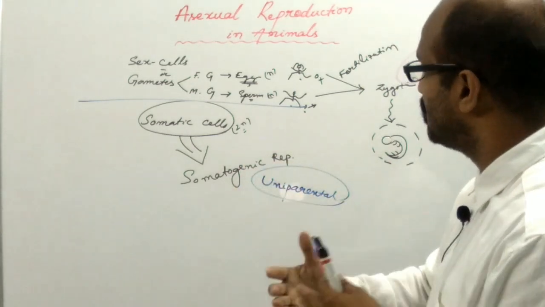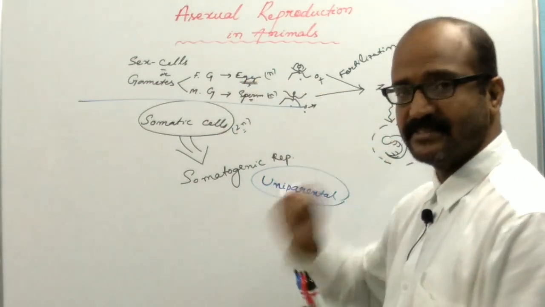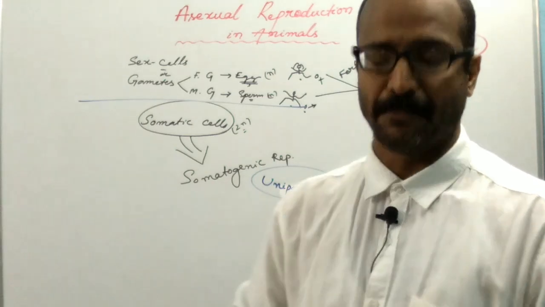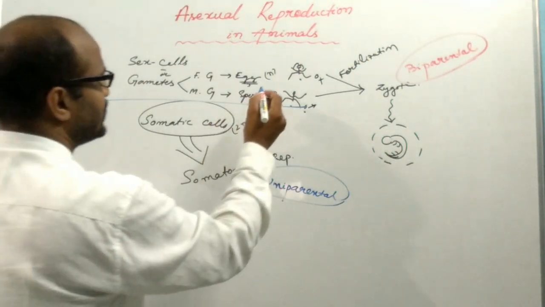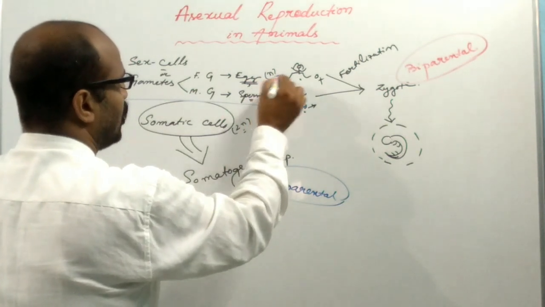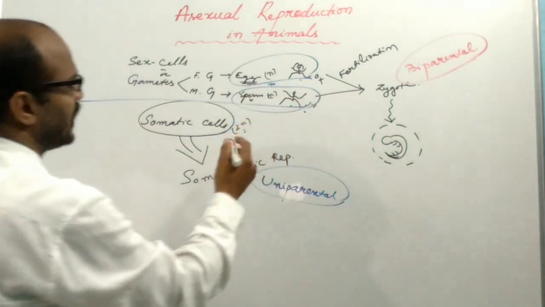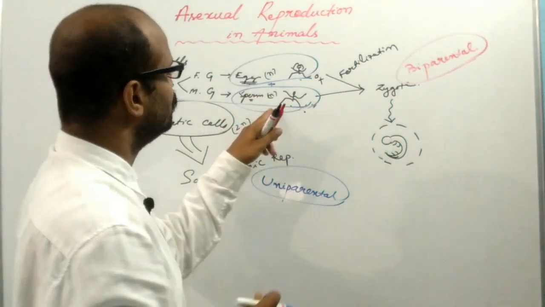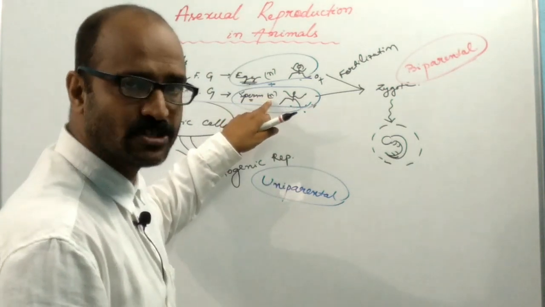That's why nature switched on another type of reproduction, sexual reproduction. In sexual reproduction, there is the fusion of genes of two parents. That's why recombination of genes takes place in sexual reproduction.